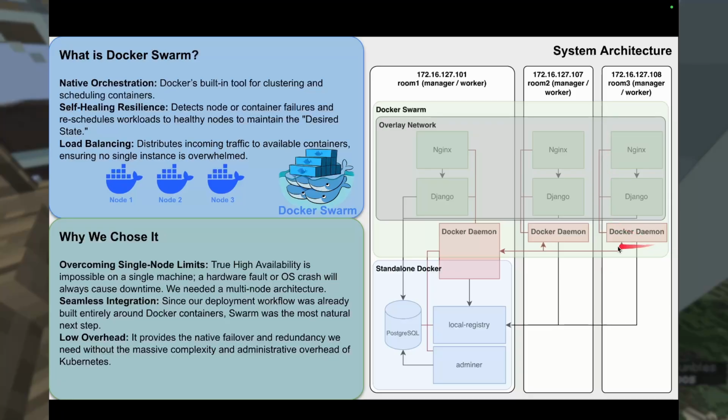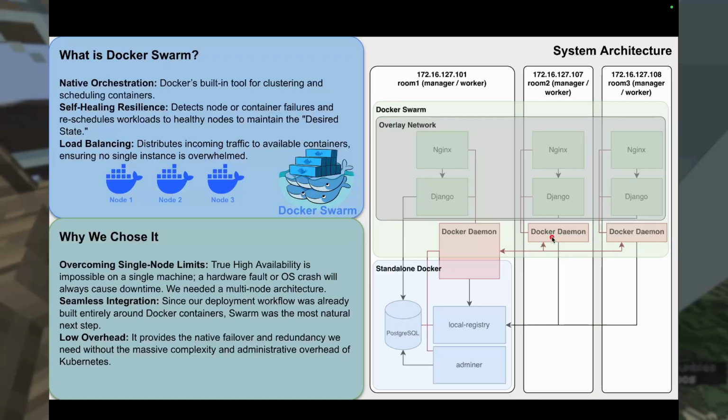What if 1 Docker daemon dies? If this Docker daemon dies, then these 2 Docker daemons will know because they can communicate with each other, and it'll say that this Docker daemon died. It can't communicate with that anymore.